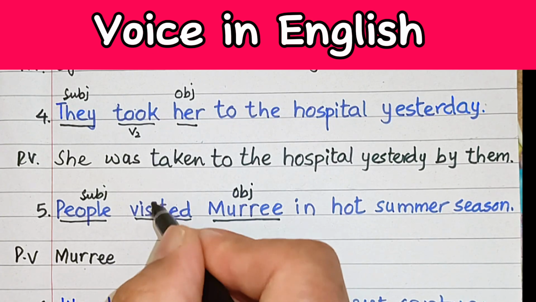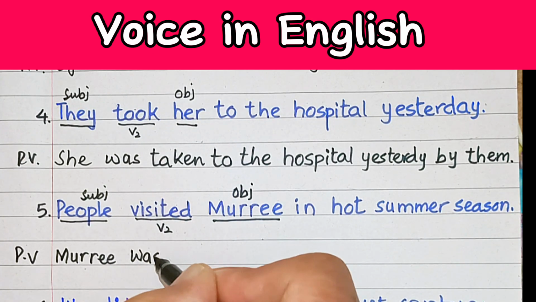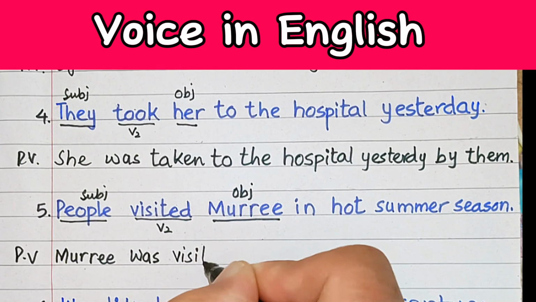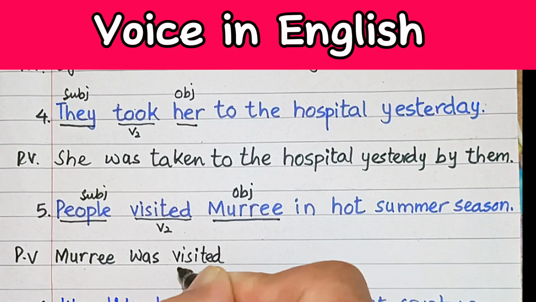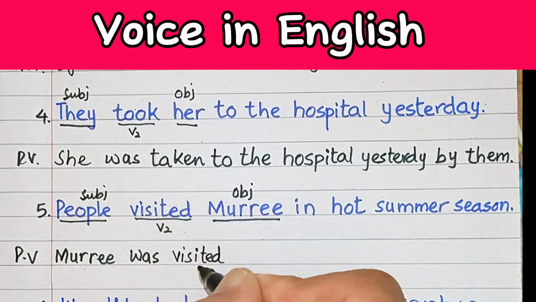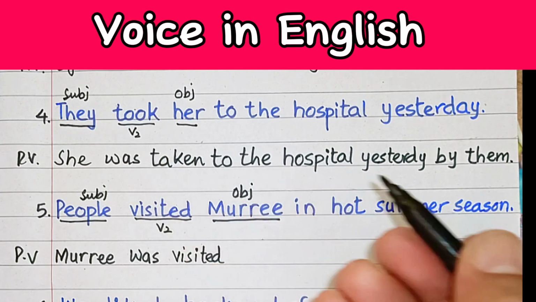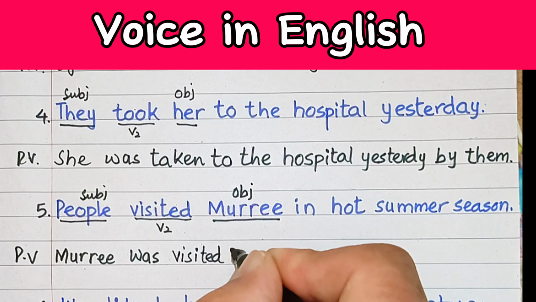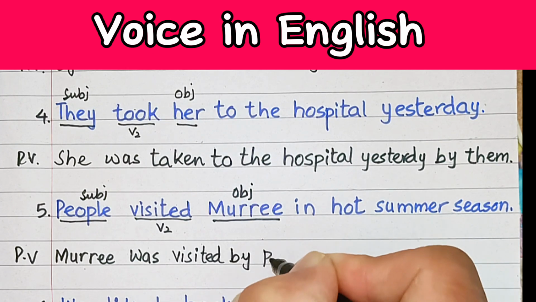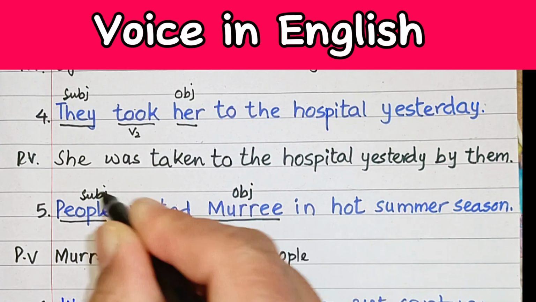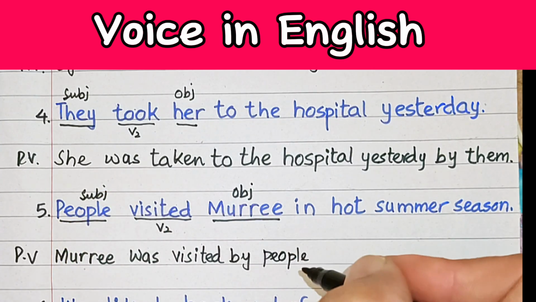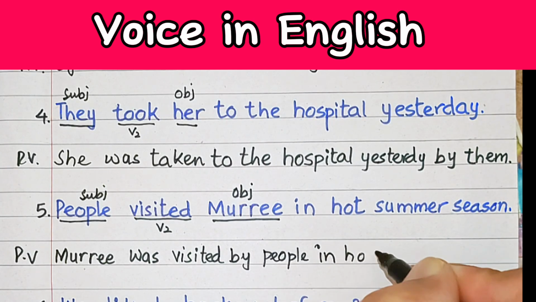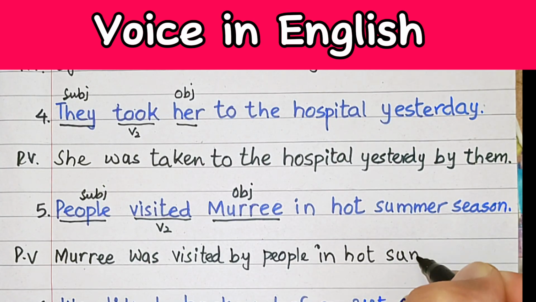So it is V2 or past form, then we have got the helping verb was or were, was, and then we have to write V3, the third form of the verb, that is visited, the same as the second one. Murray was visited by whom? By people. So that subject gets to the object place. When? In hot summer season. That remains the same.